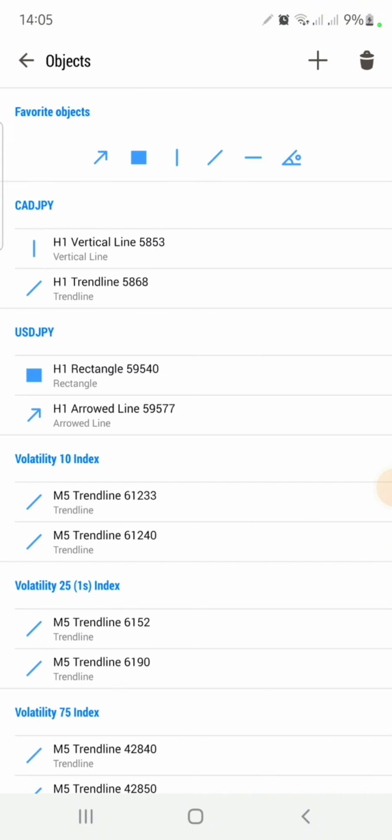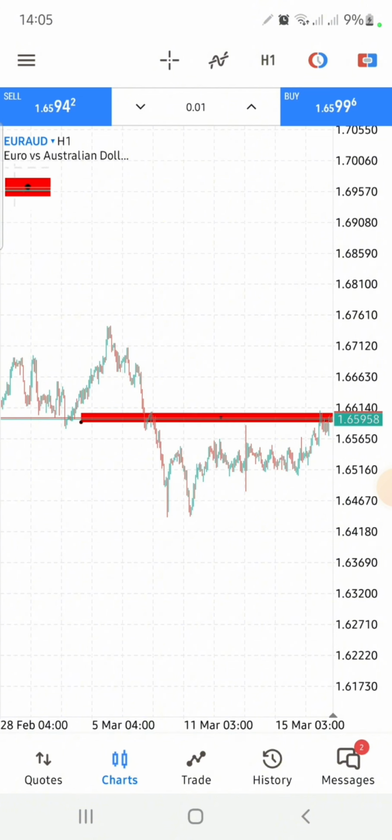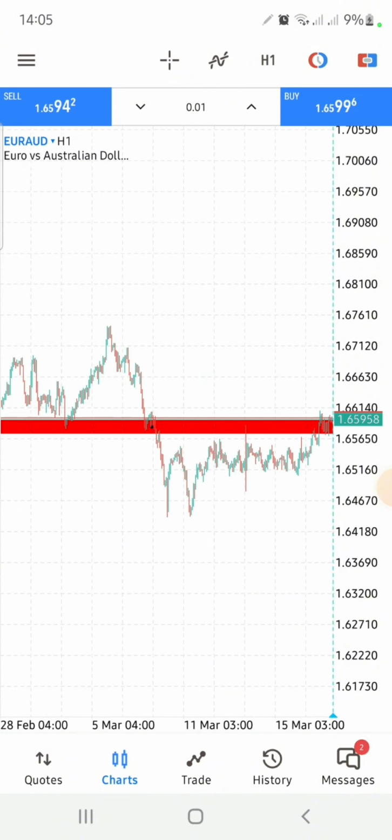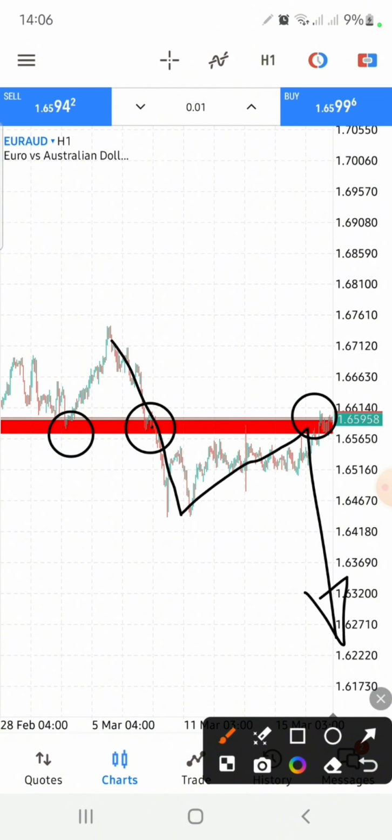On this one, you can see that we have a good level of structure again. You can see the market touched this point. Let me mark this. The market touched this point right here, it touched again this point, and now it's on that zone again. So this gives us a good break and retest trade.